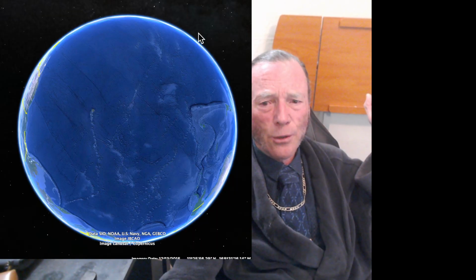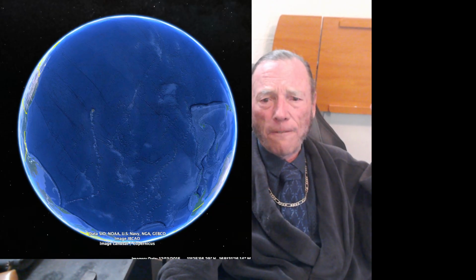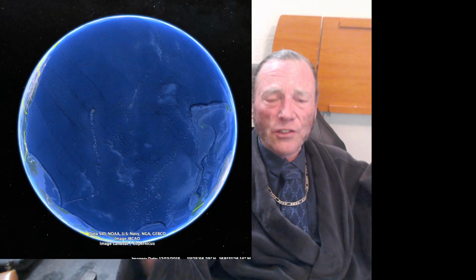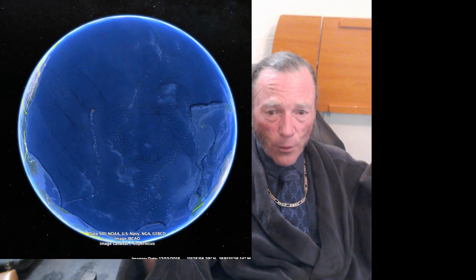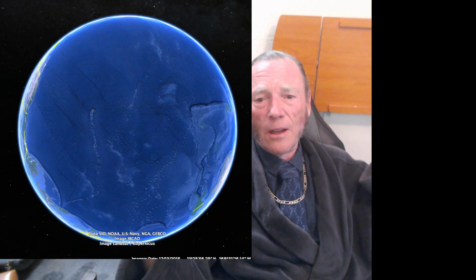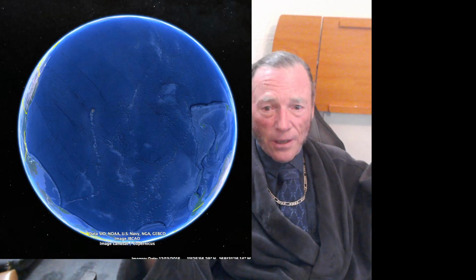So there are two. This circle is one of them. It's called the Ring of Fire. And in the center, as you can see quite plainly, in the center of the Ring of Fire is nothing but uninterrupted ocean.